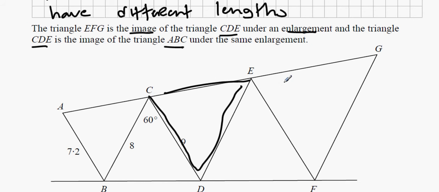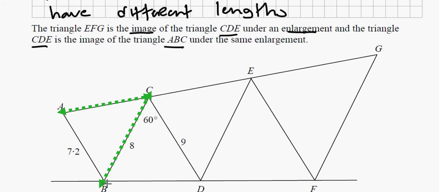And CDE is larger than ABC. These triangles here are just getting bigger and bigger. So you can see ABC here, that's the first one. The second one is a larger version of that again, and then the third one is a larger version again.